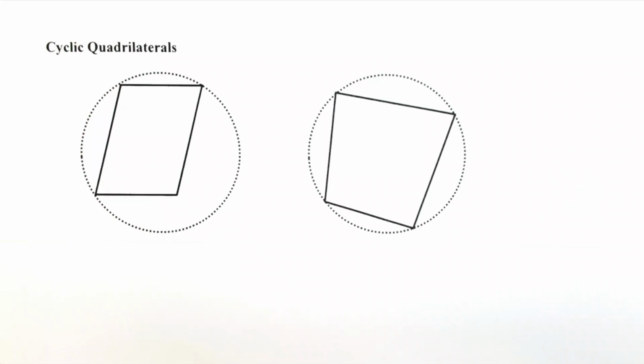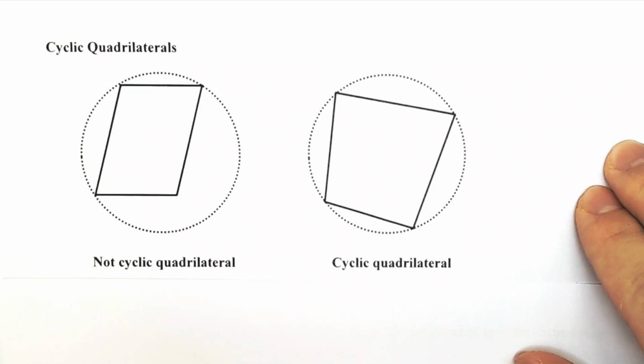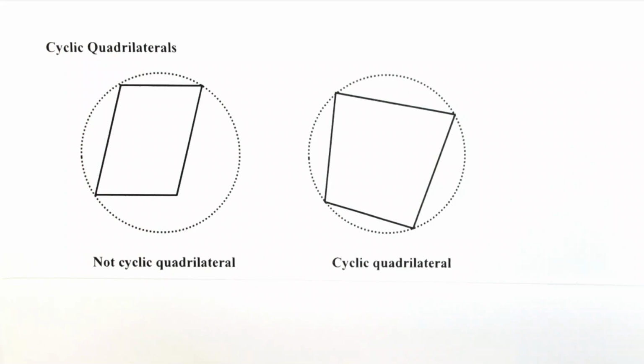But in the figure on the right, you see that all four vertices are lying on a circle. In this case, we call that quadrilateral a cyclic quadrilateral. And we are going to talk about angle properties of cyclic quadrilaterals.